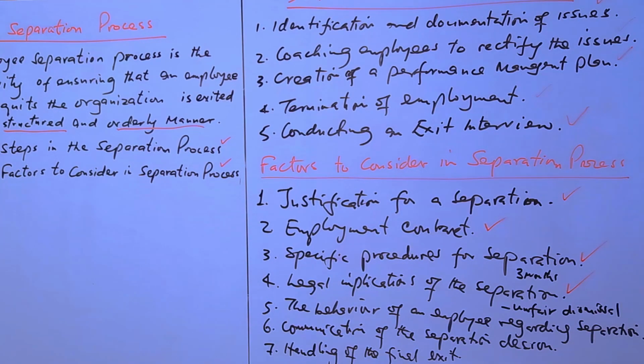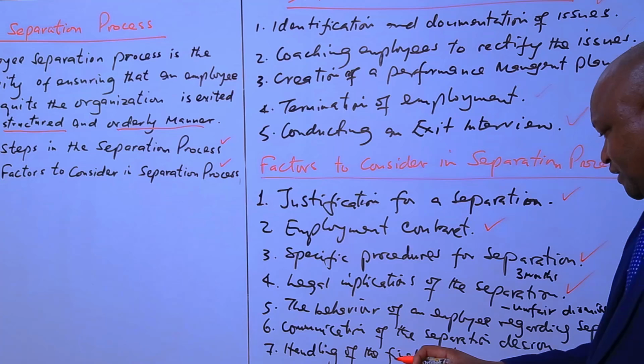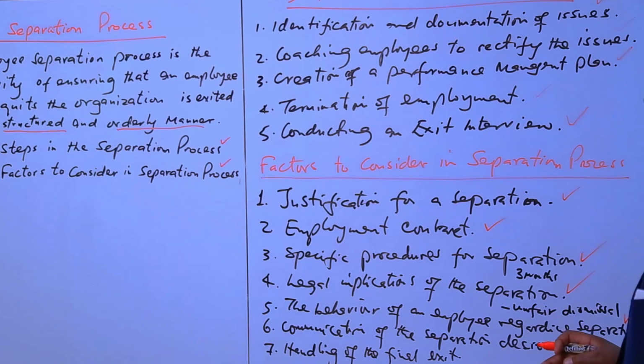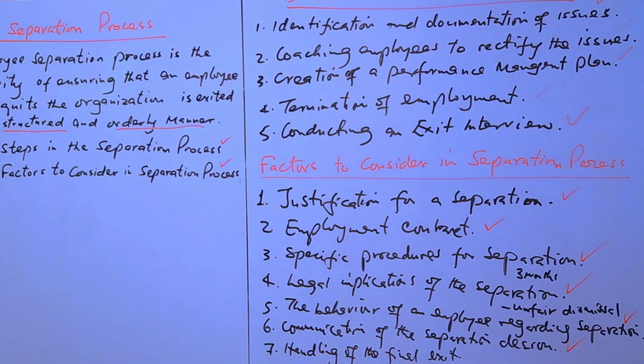Then number 5, the behavior of an employee regarding separation. And we have indicated, learner, that if you are the manager conducting the separation process or the supervisor, you have to be very keen, because an employee could become violent at this level. Then number 6, communication of the separation decision, that has also to be considered. And number 7, handling of the final exit.